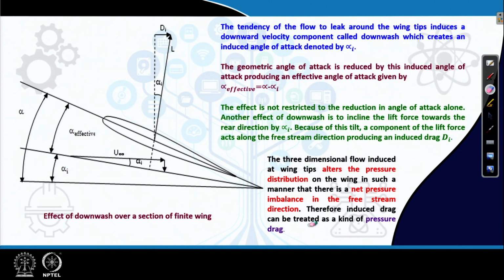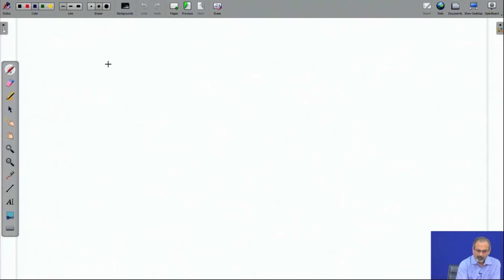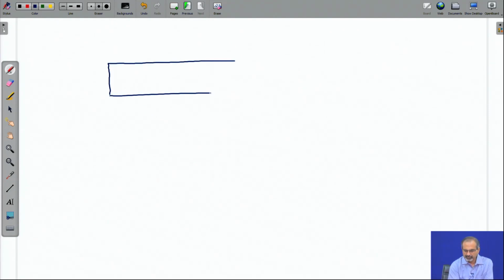Let us do some more discussion on the finite wing geometry. Let us draw a finite wing which has a rectangular plan form. So, we are now looking at the wing from the top. This is the top view.